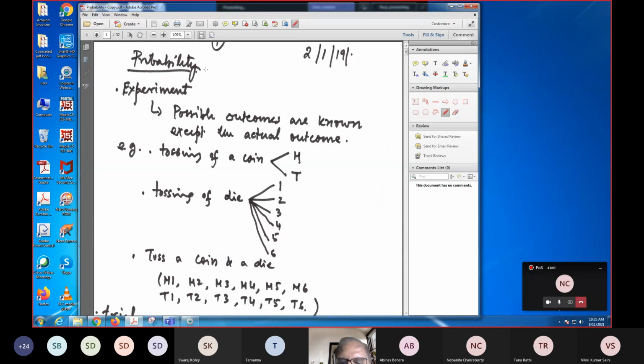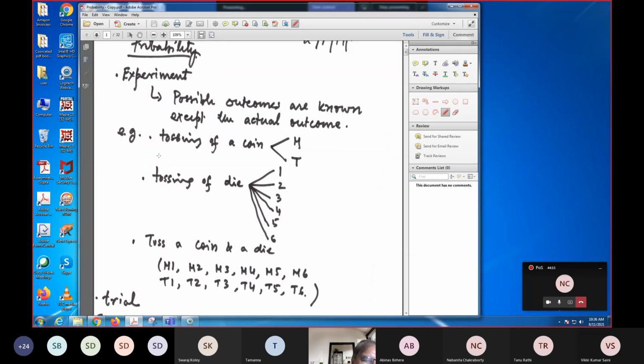We do not know what the actual outcome will be, but well in advance you can tell what the possible outcomes will be. You cannot tell the actual outcome, but you can tell that if you perform this experiment, these will be the possible outcomes. So we will focus on that type of experiment.